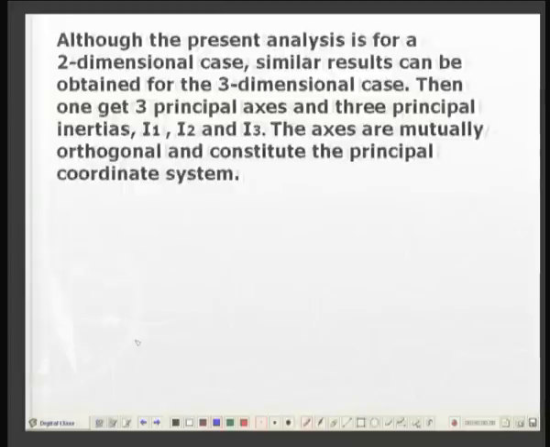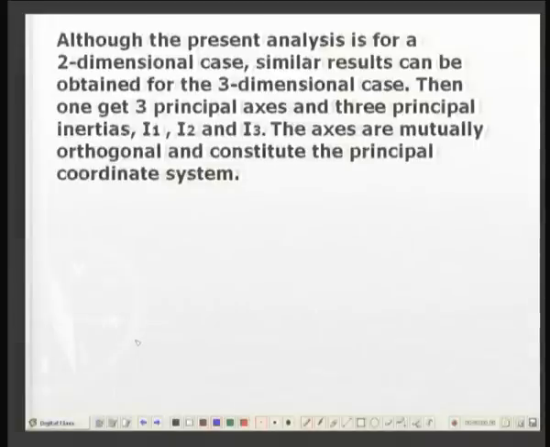For three-dimensional case, you can generalize it. Of course, the direct proof is as I said more complicated. In case of a three-dimensional body, in general there will be three principal axes of inertia, and the inertia value along one of the axes will be highest, about another it will be lowest, minimum, and about the third axis it will be intermediate between the two.